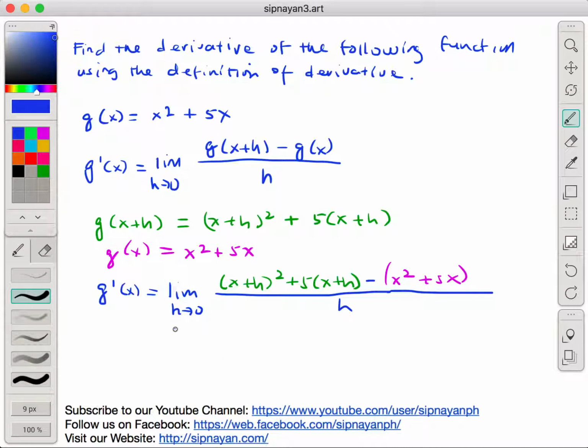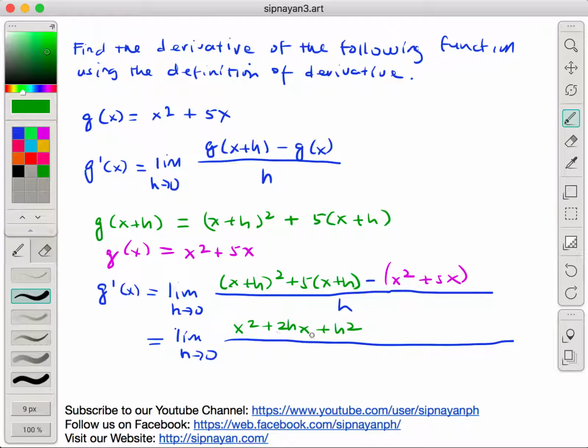So this is equal to the limit as h approaches 0 of, let's expand this and then distribute. It becomes x squared plus 2hx plus h squared, squaring a binomial.